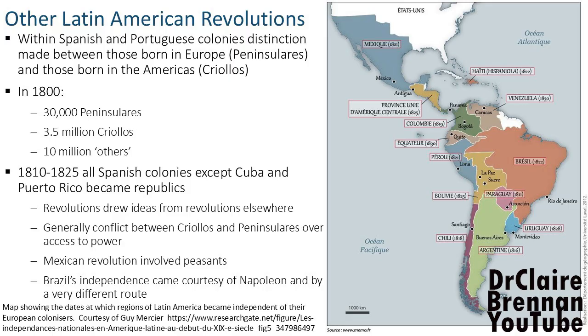In addition, there were 10 million others, and those numbers are intriguing as well, because in most of these revolutions throughout Latin America, the arguments are between the peninsulares and the European governments behind them and the criollos, who objected to being held out of prestigious positions in their own societies. The 10 million others got caught up in the revolutions, but the shift in power was between peninsulares and criollos.